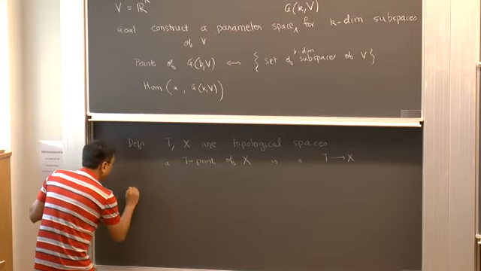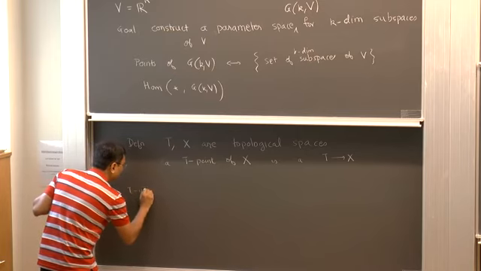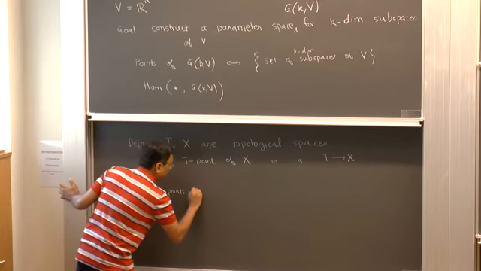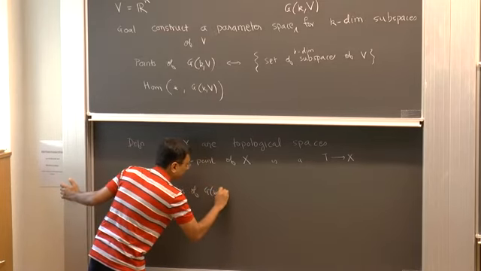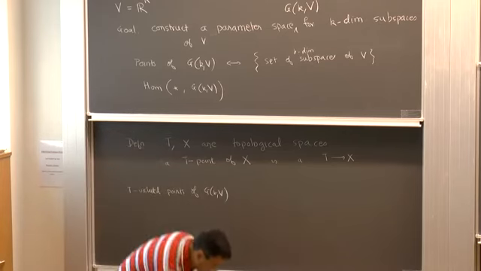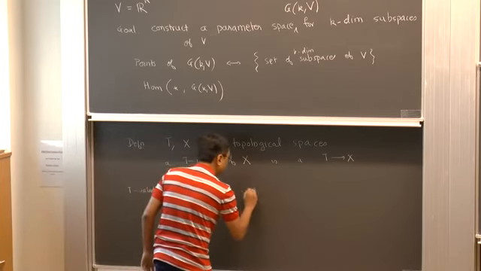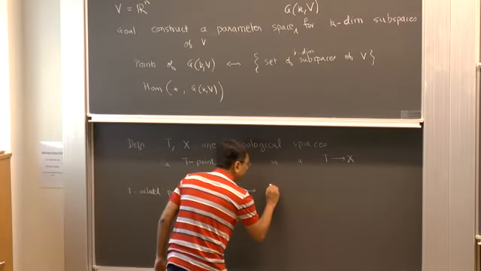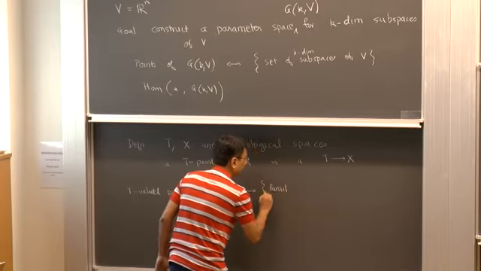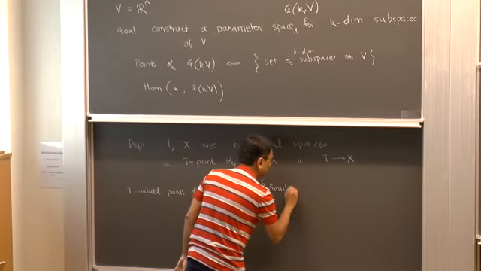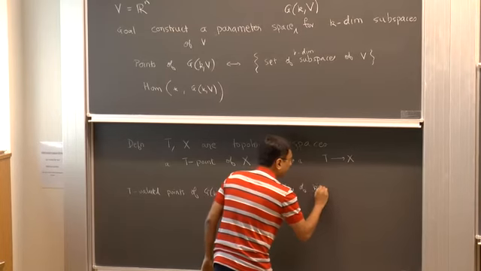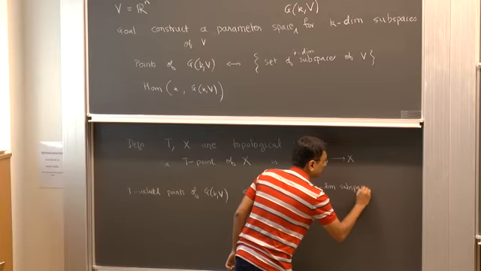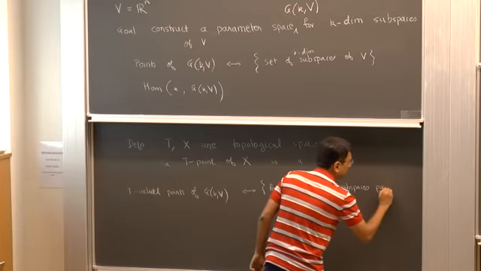The T-valued points of G_k(V), this parameter space that I am looking for, must be in natural bijection with families of k-dimensional subspaces parameterized by T.